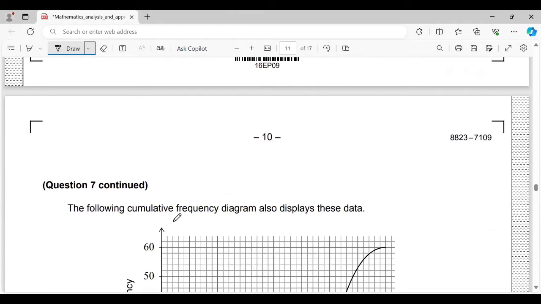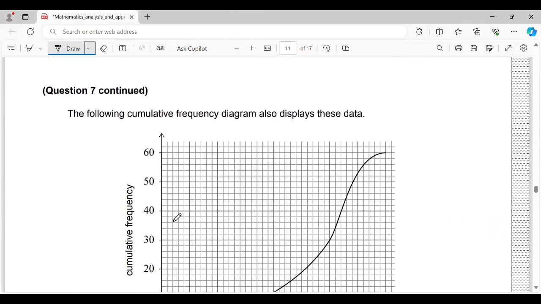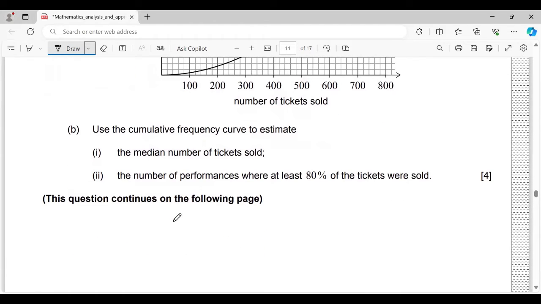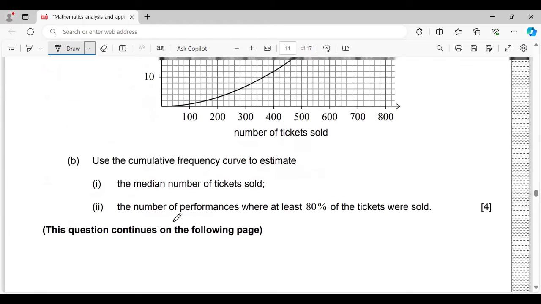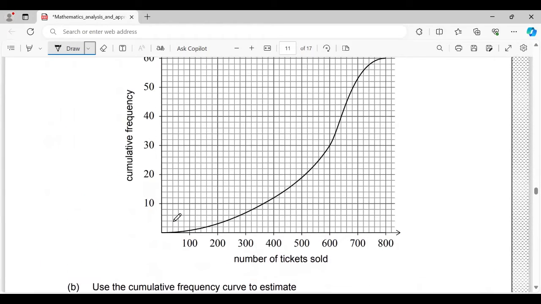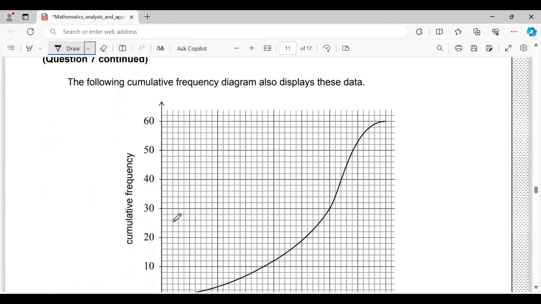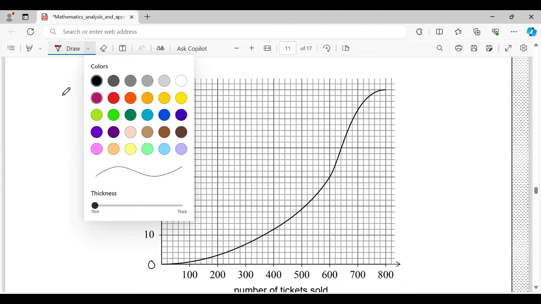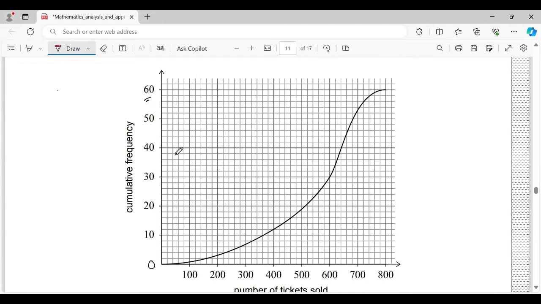The following cumulative frequency diagram also displays this data. Use the cumulative frequency curve to estimate the median number of tickets sold. Right. The median equals, look, that this is 0 to 60. I'm going to use another color. Okay, 0 to 60.